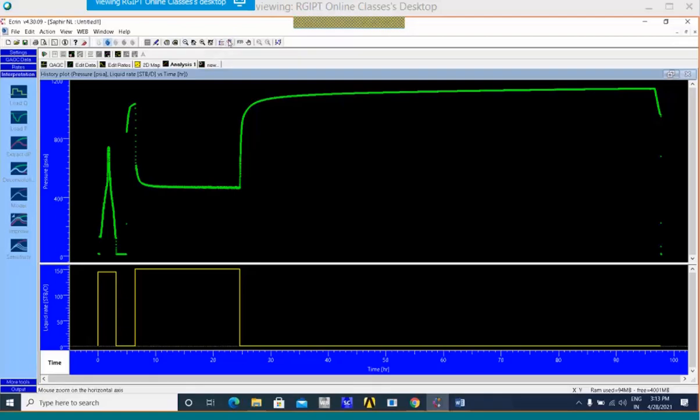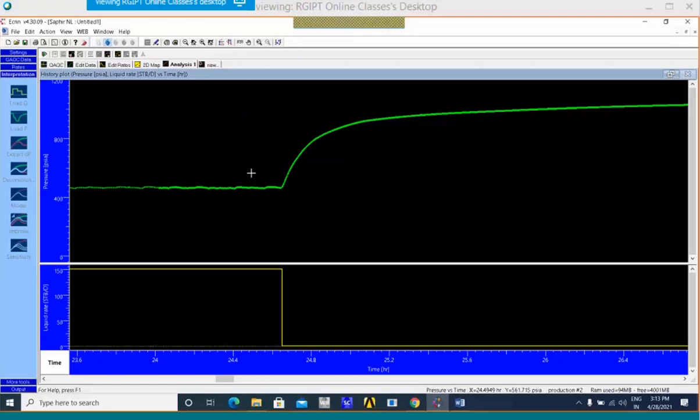But let us see, is it synchronized or not? So you can see it is very well synchronized. Okay, we'll take this one, and go with the interpretation.